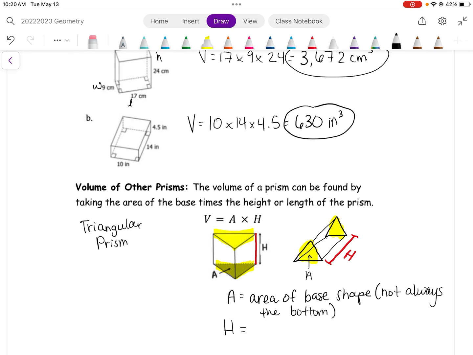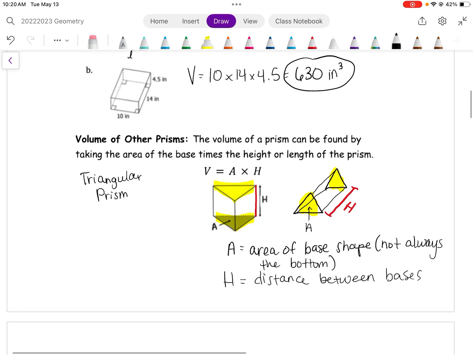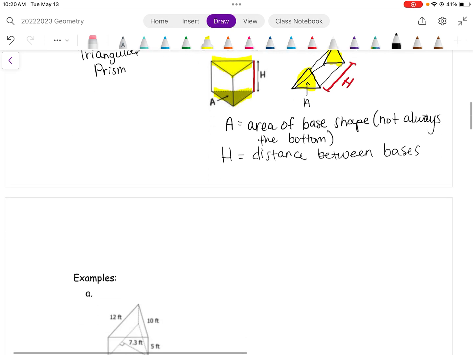Sometimes it's on its side. So I'm going to put the height as the distance between the bases. It's whatever gives it that third dimension, whatever takes your flat area and extends it. Distance between bases. All right. Pause if you need to finish that, but I'm going to move on.